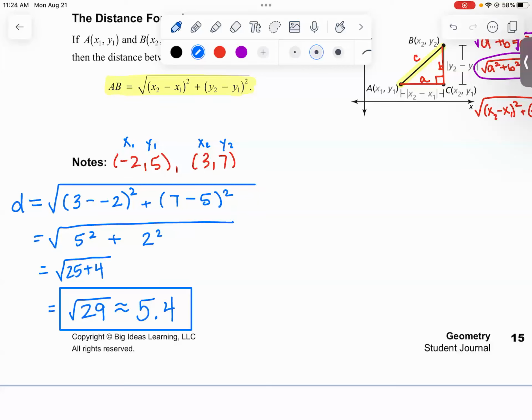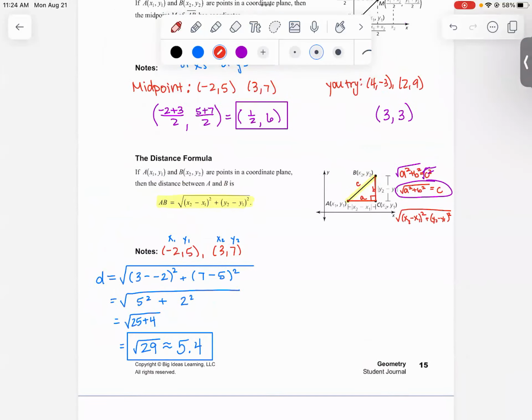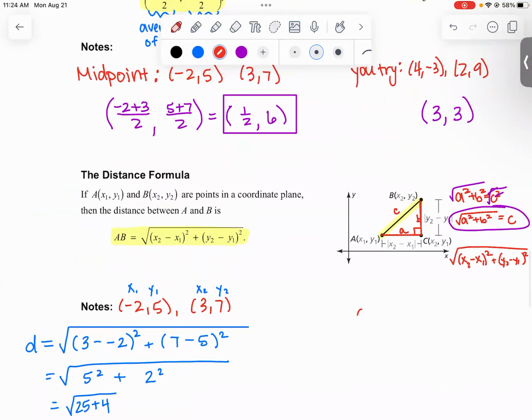Okay. So what I want you to do, whether you use this or not, I want you to find the distance between our 2 points from before. So I want you to find the distance between the coordinate 4, -3 and 2, 9. Don't think you need it.